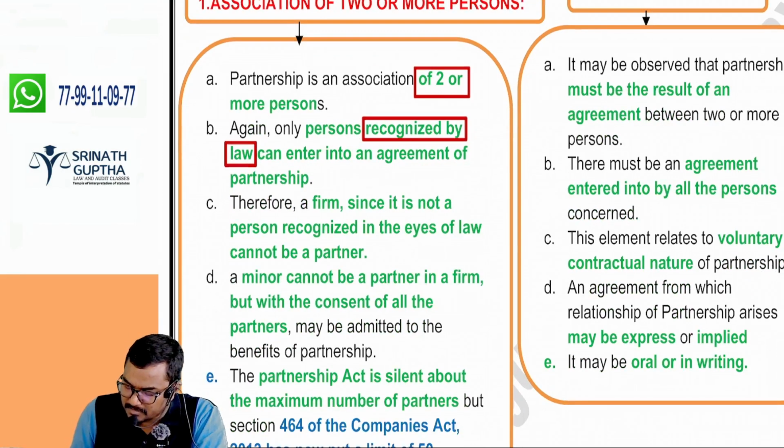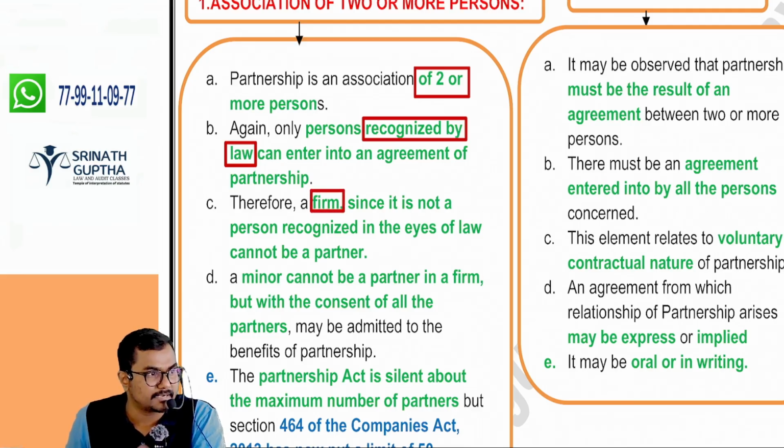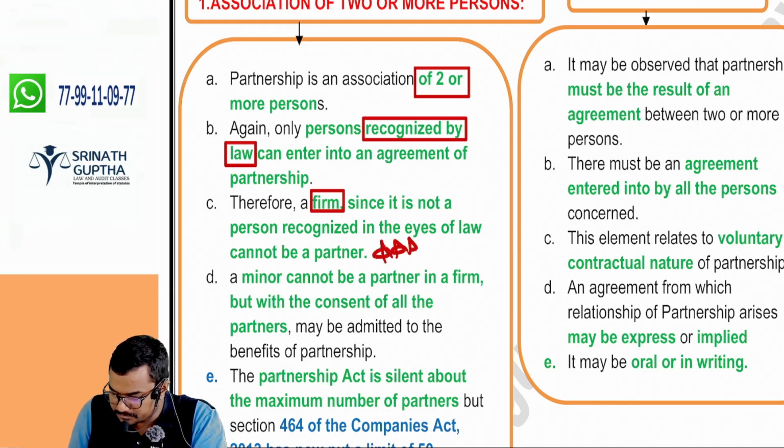For example, a firm is not recognized by the Partnership Act. A firm is not a natural person, nor an artificial person, nor a person at all in the eyes of law. The Partnership Act never recognizes a partnership as a person. So two partnership firms cannot enter into a new partnership. However, partners in the firm can enter into partnership.